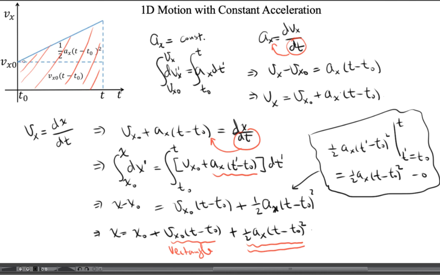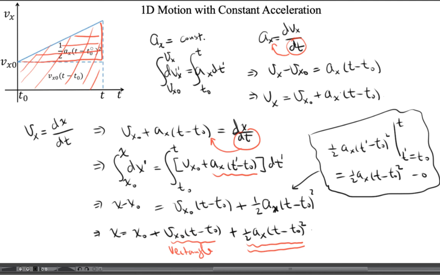So if I look at this right triangle here, one side of the right triangle is t minus t naught, and the height is the difference between the final velocity vx and vx naught, that is vx minus vx naught, which is given by ax times t minus t naught.